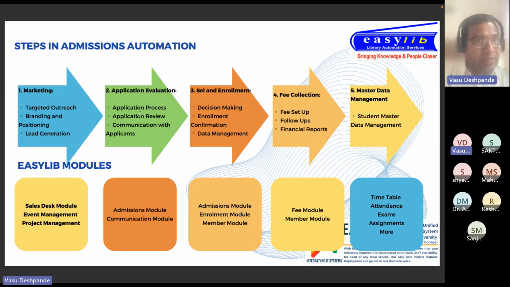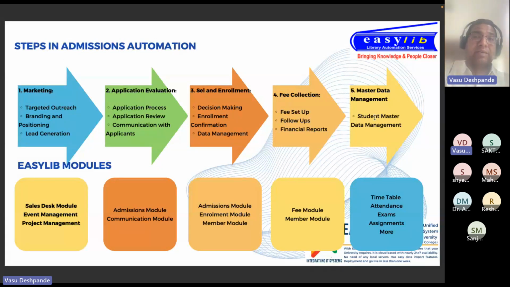Then you took applications, evaluated them, and granted admission. Then you created master data for the student and fed it into the enrollment data, enrolling by grade, section, and class. Then you have the fees collection: you set up the fees, even individualized fees, and started the fee collection. Lastly, you had the master data, wherein the student master data is maintained for years or even decades, because an alumnus is an alumnus throughout his lifetime.